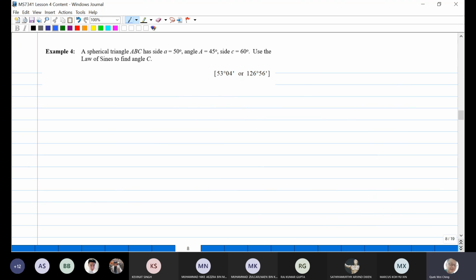Again, a very straightforward application of the sine law.